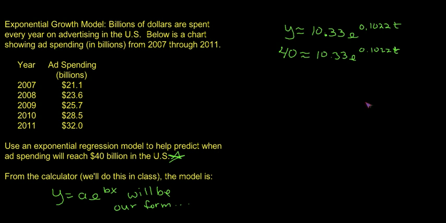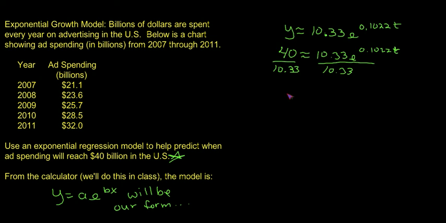So on this one, we're going to just start out fairly simple and go back to basic algebra here, and we want to isolate the e, since that's the part where the exponent has the variable we're trying to find. So we're just going to divide by 10.33 on both sides. Now, even though we've already rounded this down to 10.33, I'm still going to recommend that you leave this in this form.